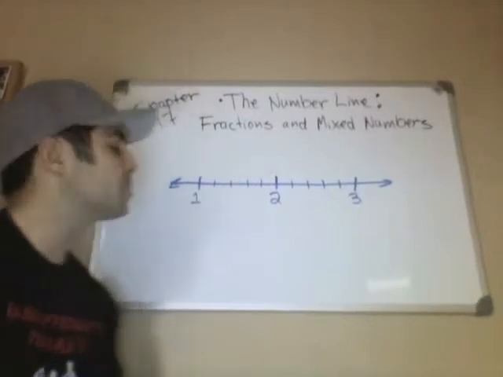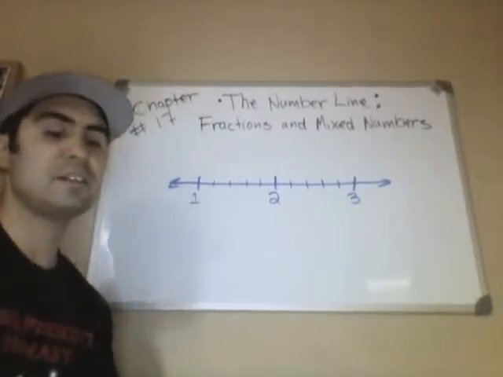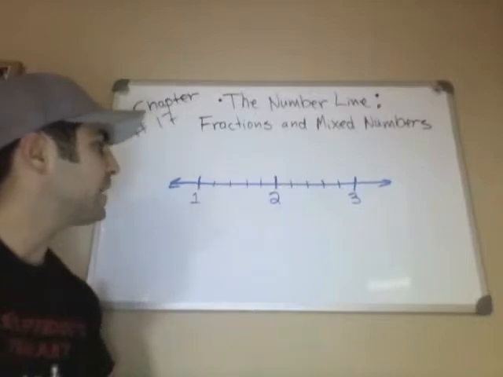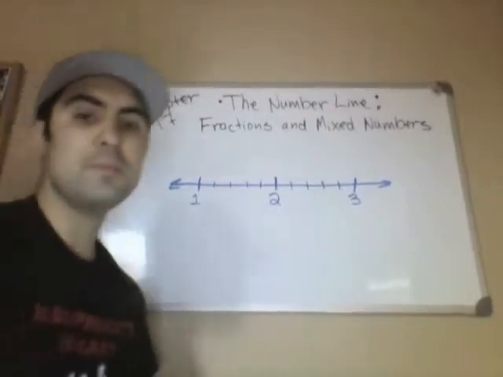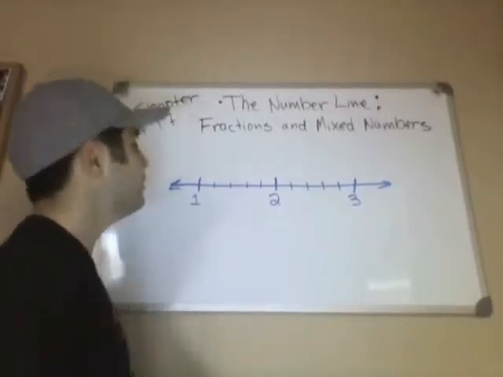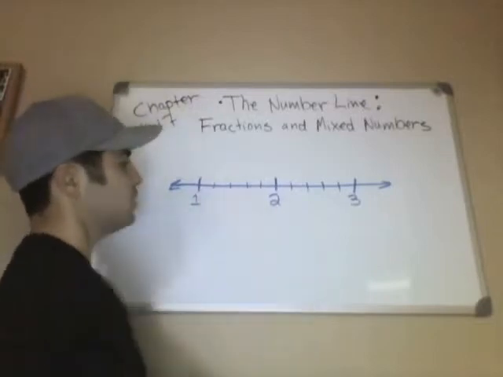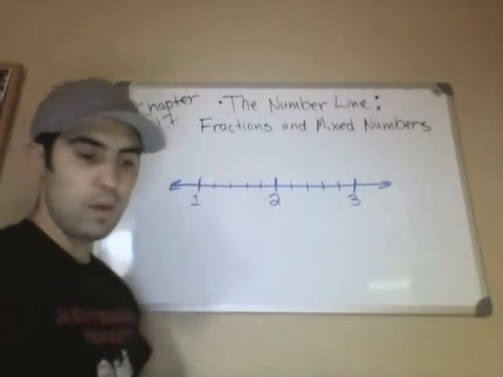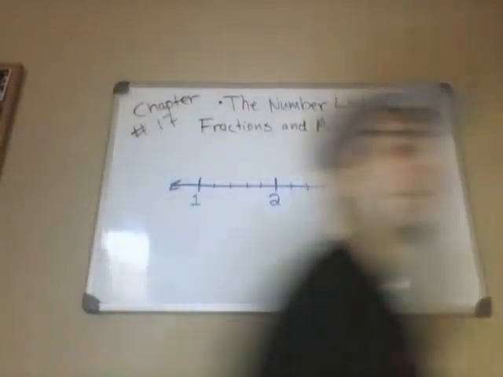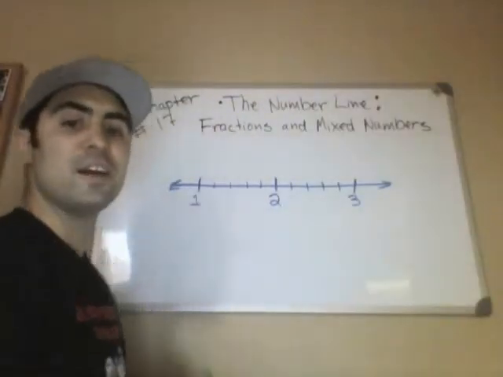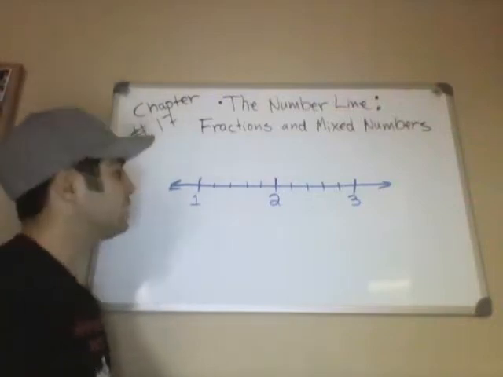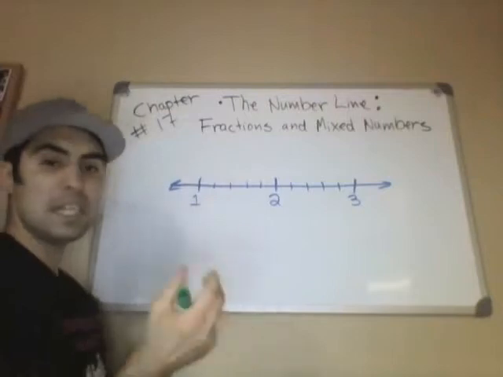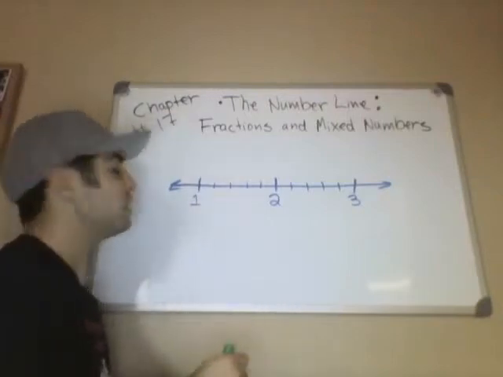Alright, so not all number lines are divided exactly the same. This number line right here is divided into fifths. You might say, Mr. Mazzone, why is it divided into fifths? There's only 4 lines in between each whole number. 1, 2, 3, 4. Well, when you are dividing up a number line, you look at the number of spaces in between the lines, not the number of lines.